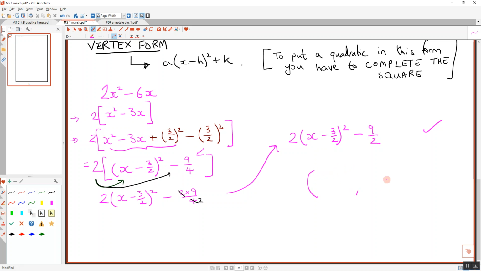And then 3 over 2 is equal to 1.5, which is what we got as the x. Now the way that we do this gives us the x-coordinate of the vertex, except you always change the sign. So this is minus 3 over 2, so we make it positive. This one, we just leave as it is.